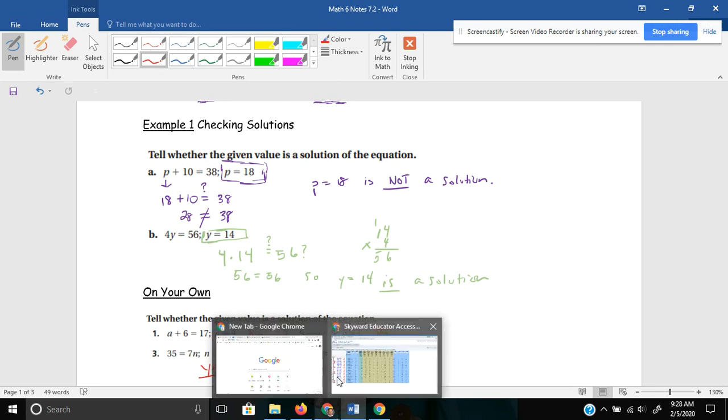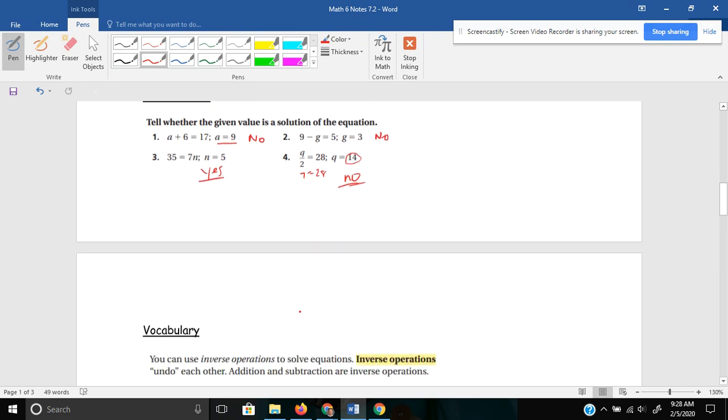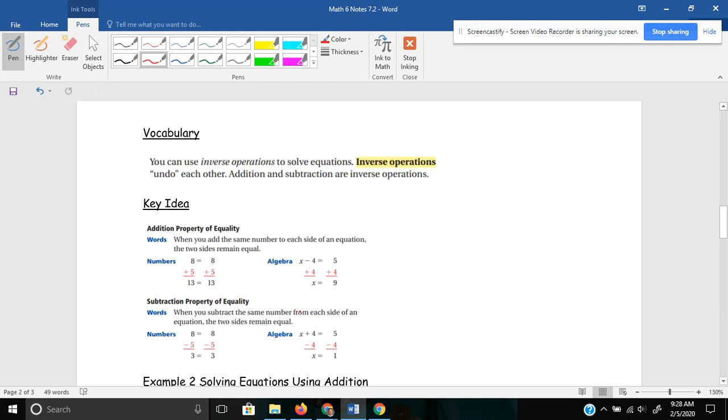Hopefully you're catching on to substituting in a given value to the equation. Now here's a little bit more on how to solve these equations rather than just sticking in a different value to check the solution. It says you can use inverse operations to solve equations.